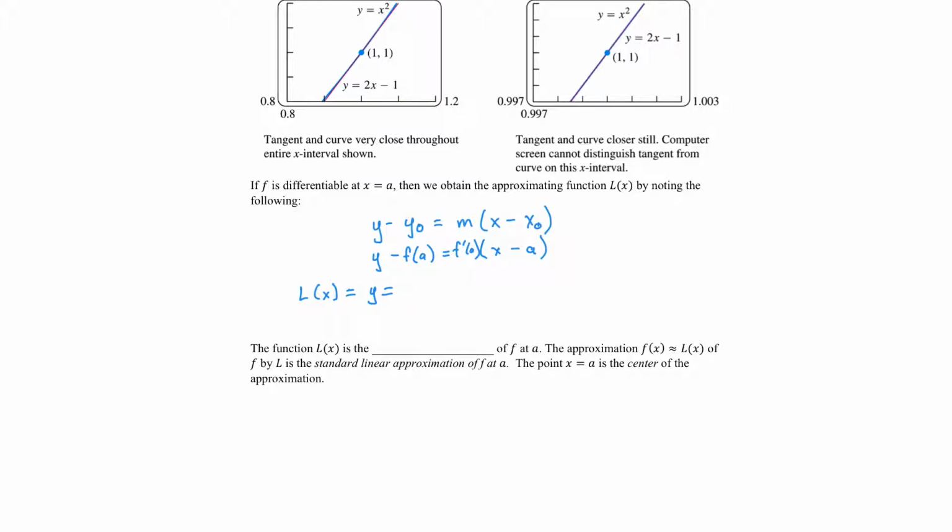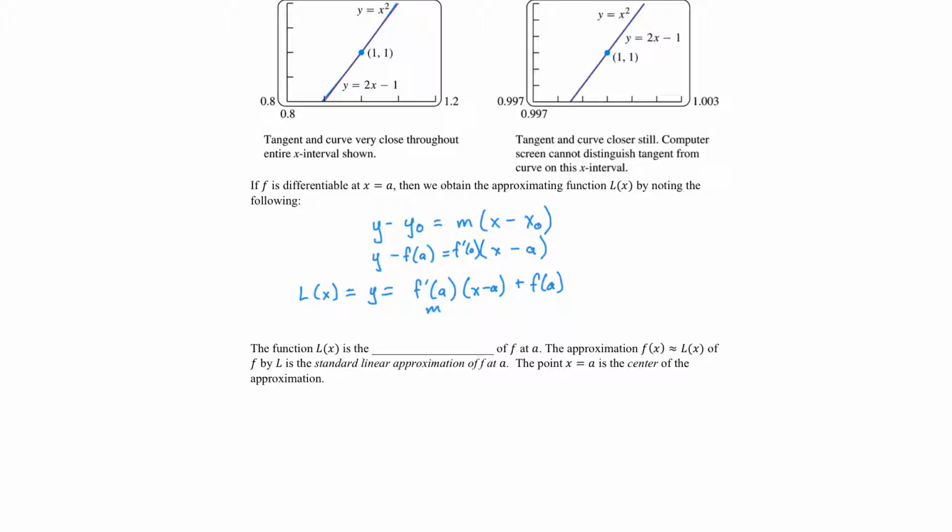That is to say, we would have f prime at a is our m. x, in this case, is just going to be x minus a, because that's just coming from right here. And then lastly, we have our y-intercept. Well, that's just going to be plus f of a, and that's what we're getting from right here just by adding it to both sides.